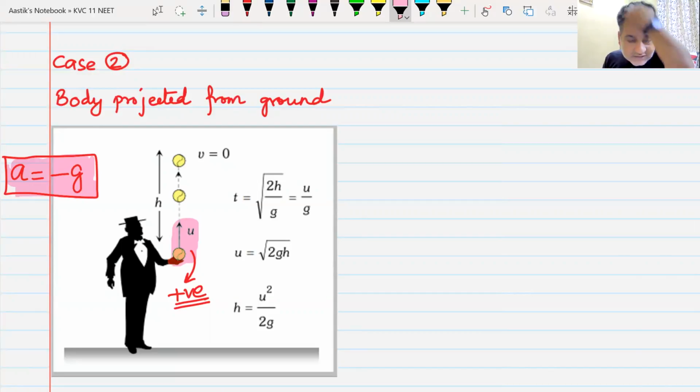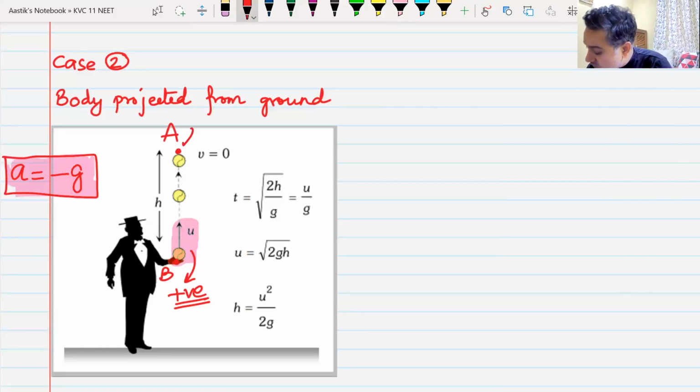Third thing we can understand from our common sense: when it reaches its highest point, let me call the highest point as A and the lowest point as B. What would be its velocity at the highest point?